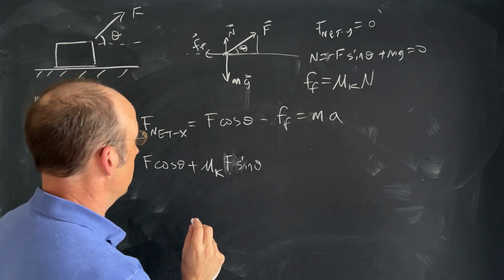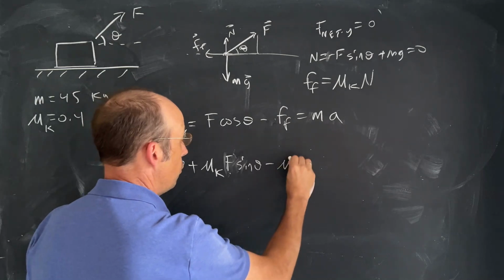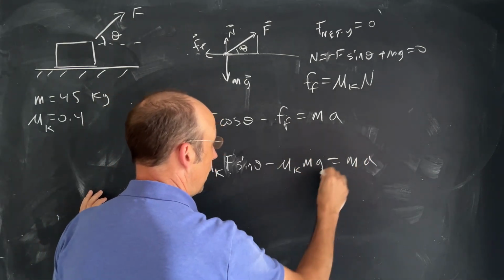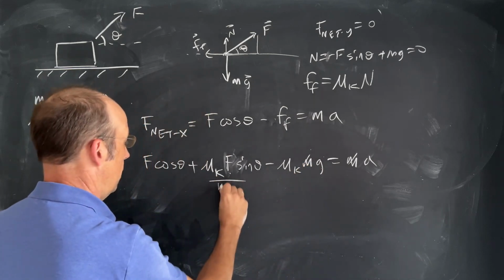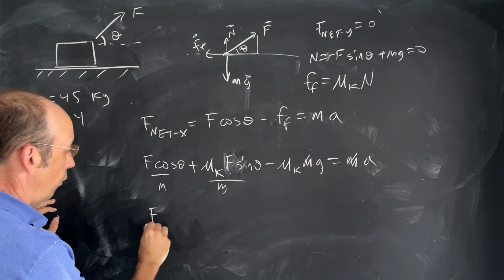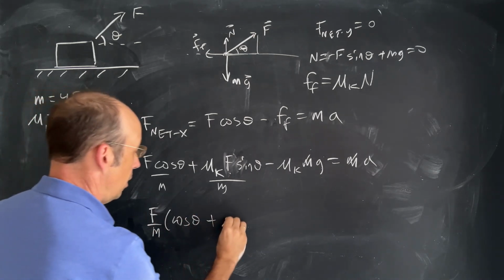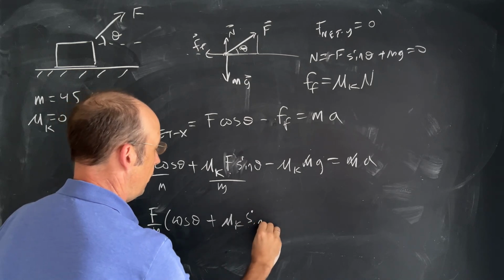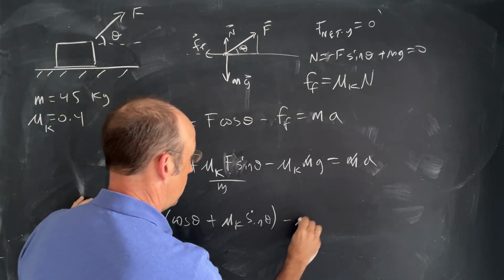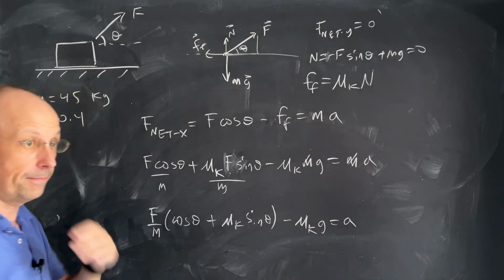Where did I get the minus sign from? Oh, it's this minus. So minus the negative. So minus mu k mg equals ma. And then I can divide by m. But let's write this as F over m times cosine of theta plus mu k sine of theta minus mu k g equals a.